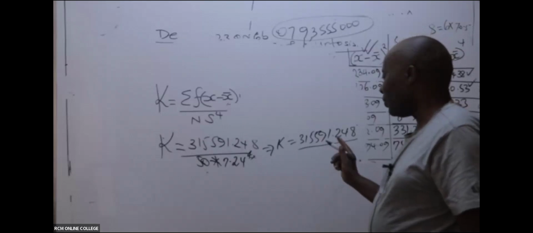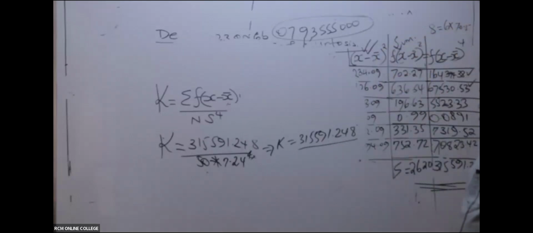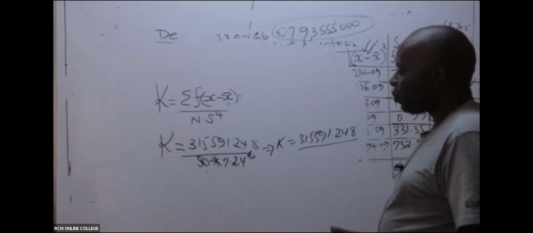Is there somebody who can give me this figure? I want the denominator figure, 50 times 7.24 raised to power 4.